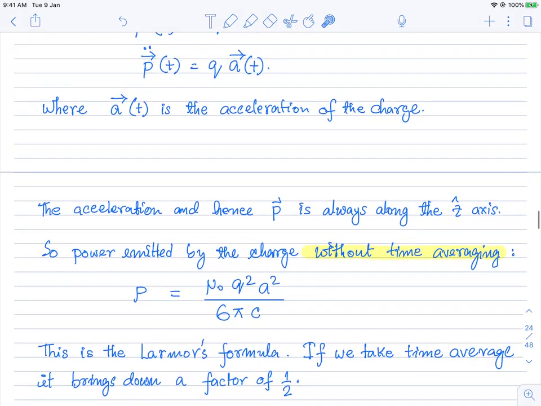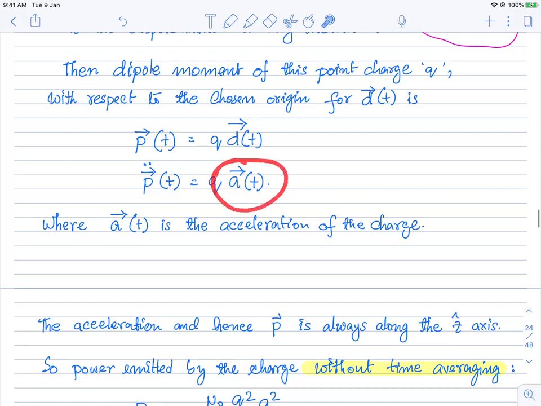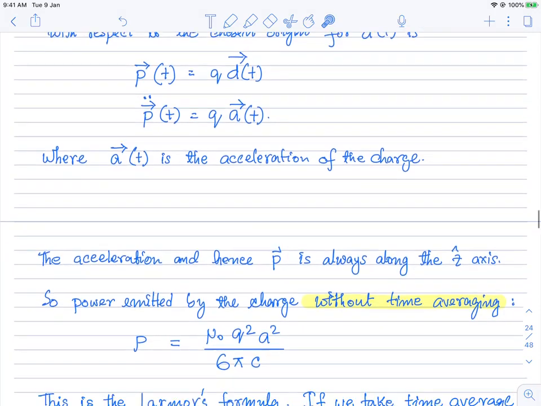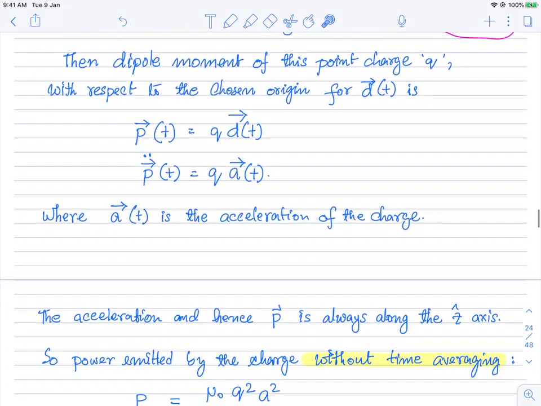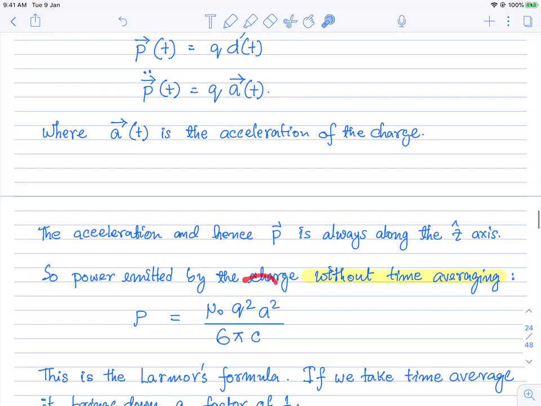Now you see, because it's a point charge, it can be moving in any way, not only in a harmonic way. And if it moves in any way, then from this p squared, let's say it's oscillating along the z direction, it becomes the mod of p double dot, whole squared, and that will give us q squared a squared in this formula.